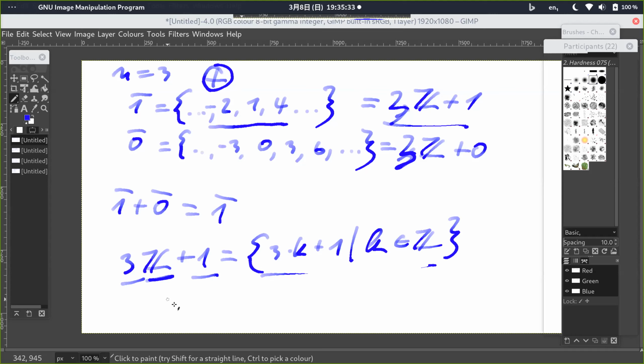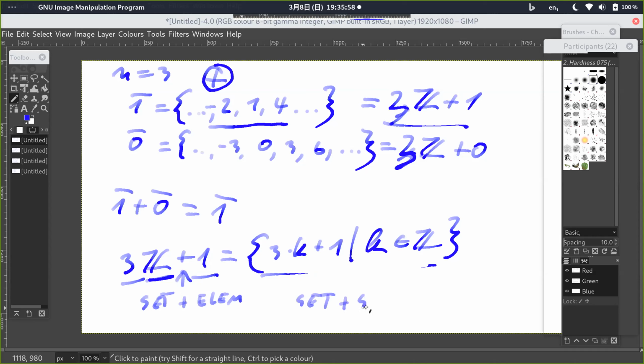And if you have 2 sets, this addition is something like a set plus an element. And there's another similar addition, which is set plus set.